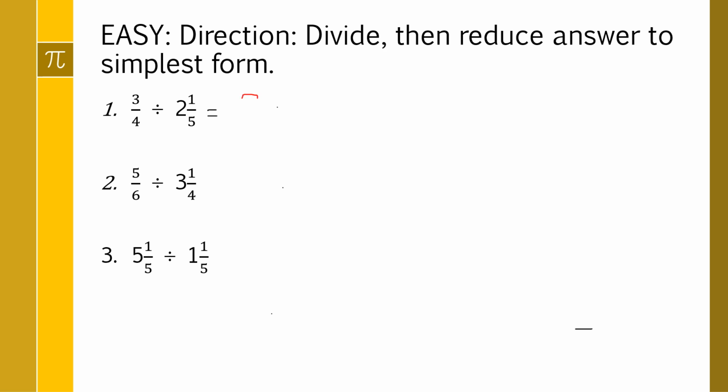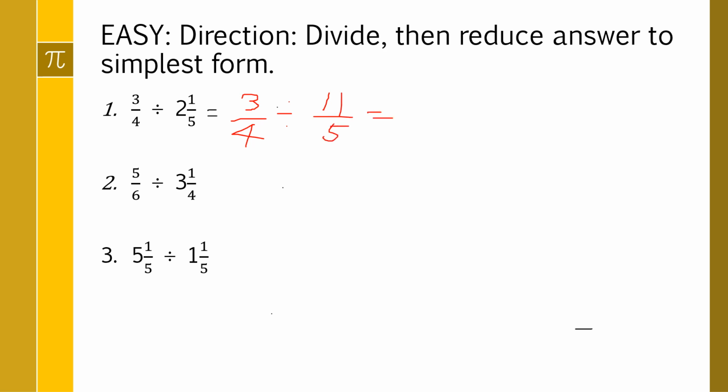So we have here 3/4 divided by 2 and 1/5. Copy the sign, the operation, and change the mixed number into an improper fraction. 5 times 2 is 10 plus 1, 11 over 5.